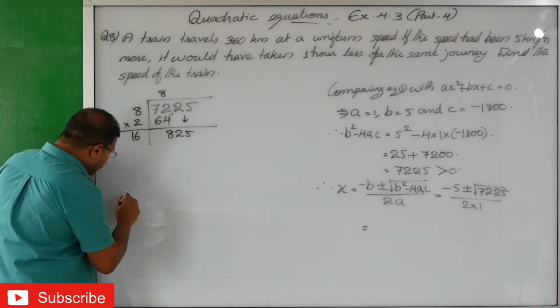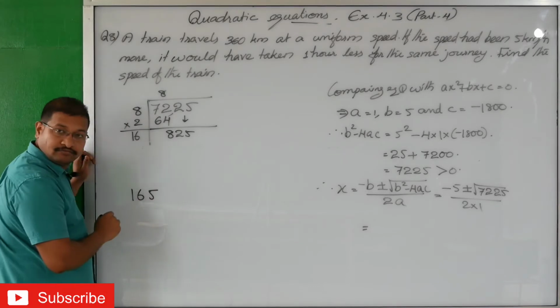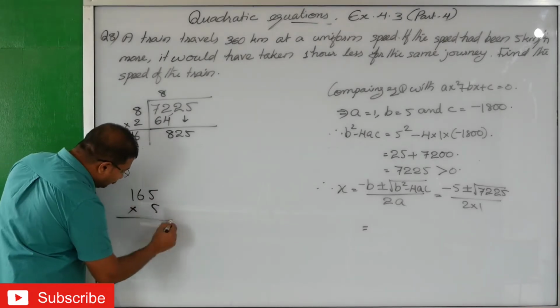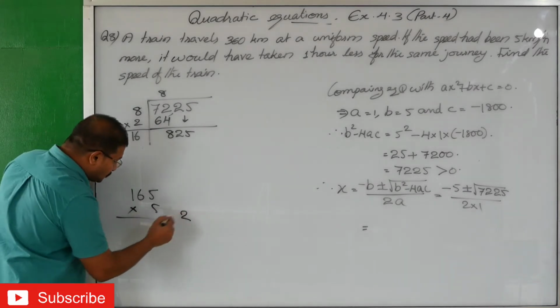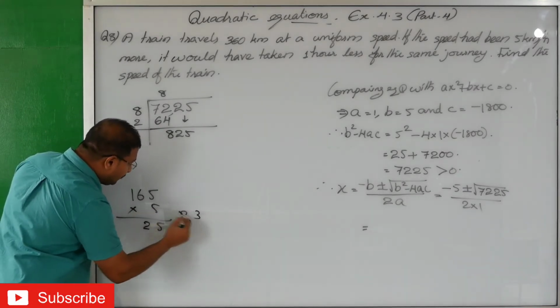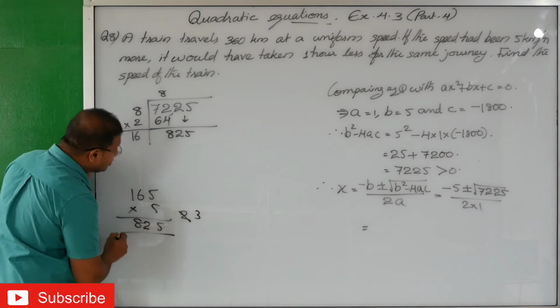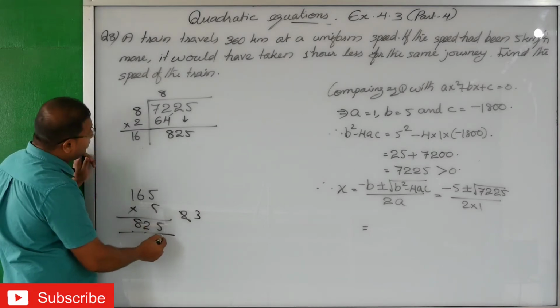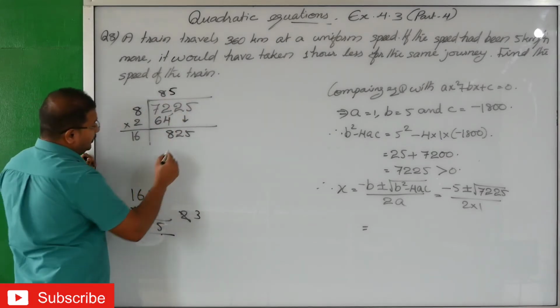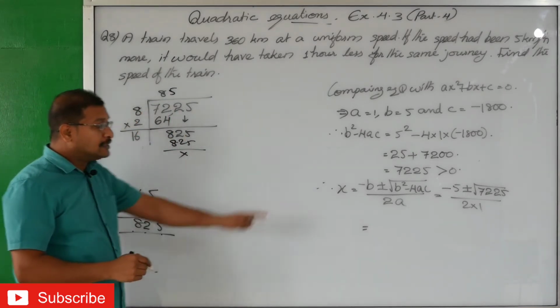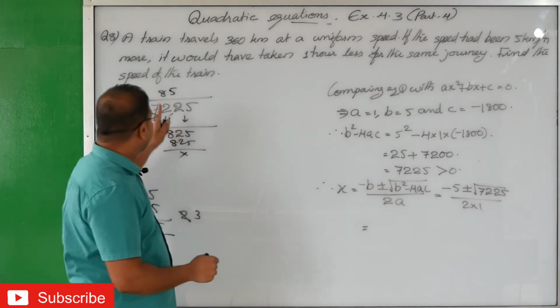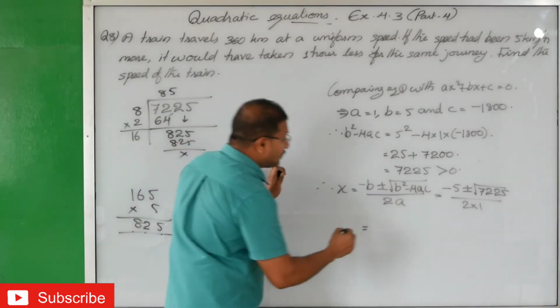Now what will we do? We will take 16 and 5. 5 will multiply. See, 5 5s are 25, 2 in hand, 5 6s are 30 plus 2, 32, 3 in hand, 5 1s are 5 plus 3, 8. That means 825, 5 times. So the square root of 7225 is 85. Ready? That means what will you write here?